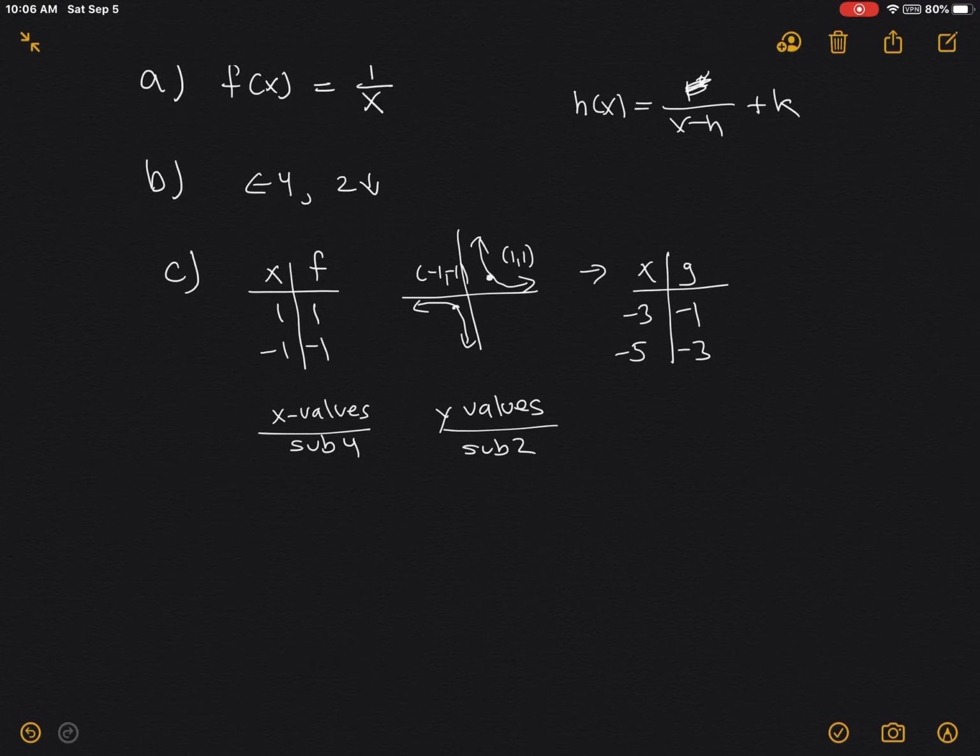So after the transformations, those points become (-3, -1) somewhere over here, and (-5, -3).